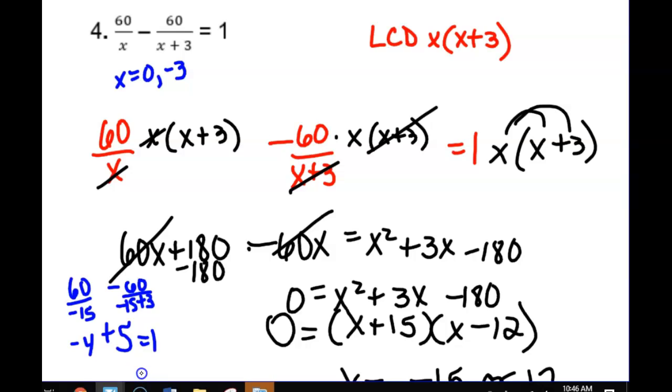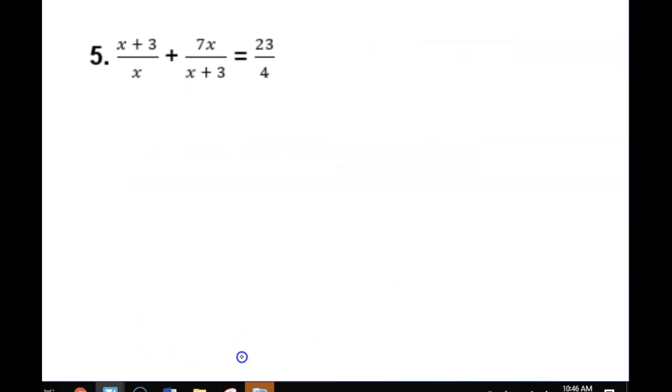You want me to try 12 too? 60 over 12 would be 5, minus 60 over 15, which would be 4, equals 1. So that does work. Okay? That one wasn't too bad. All right, last one. What is our messy common denominator here?